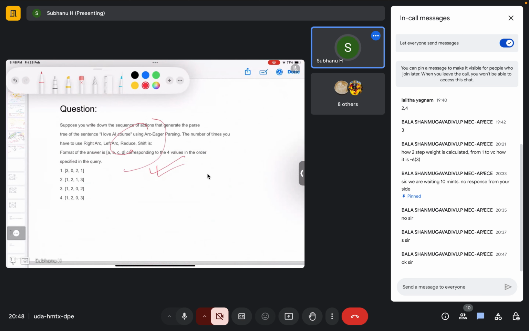Now we had to solve this one. So here you have to find the right arc, left arc, reduce and shift.